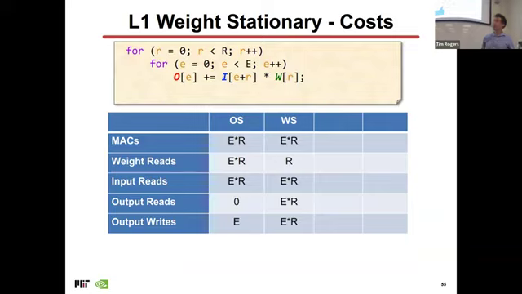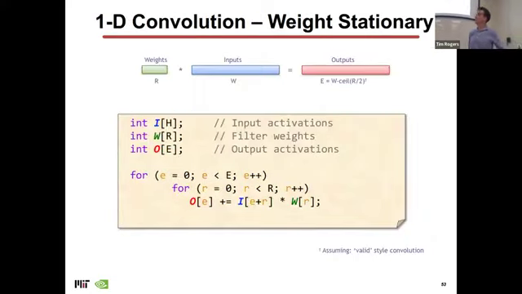Well, let's go back to one that's not got the weird stuff in it. So this is weight stationary. So what you're saying is that if the processing is weight stationary, then each PE loads one... No, this is not weight stationary.